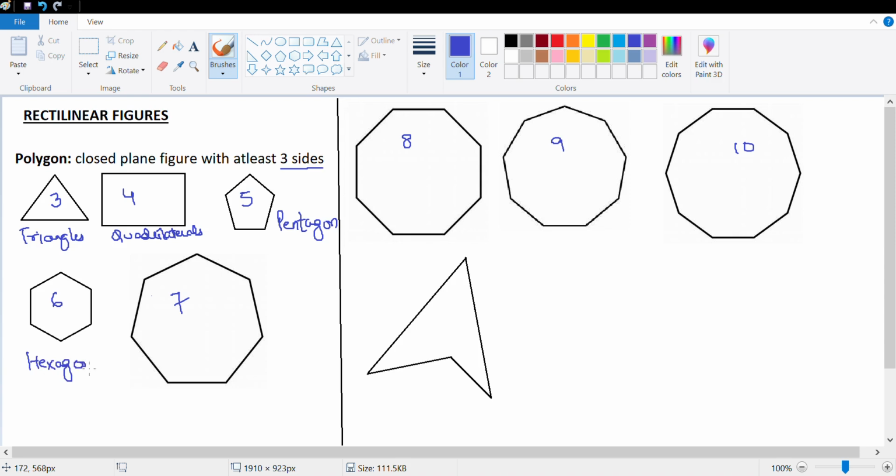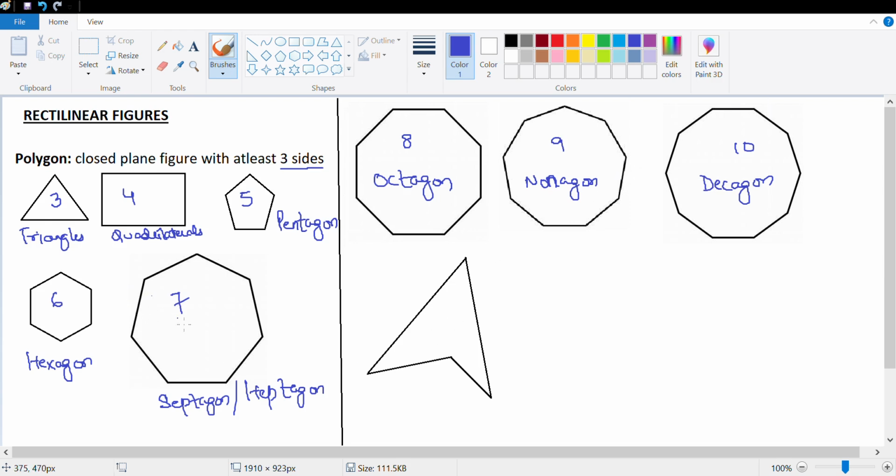With seven sides is known as a septagon or a heptagon. With eight sides is known as an octagon. Nine sides is known as a nonagon, N-O-N-A, nonagon, and a 10-sided figure is known as a decagon. So these are the basic names of polygons with a specific number of sides.